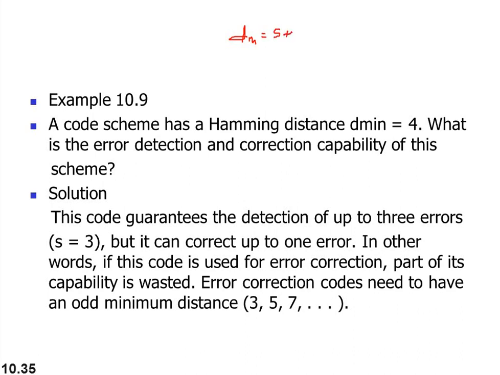This is given as 4, so S plus 1 equals 4, and obviously S equals 3. So you can detect 3 errors. If you want to correct errors, then your distance should obviously be odd. It should be 2t plus 1.